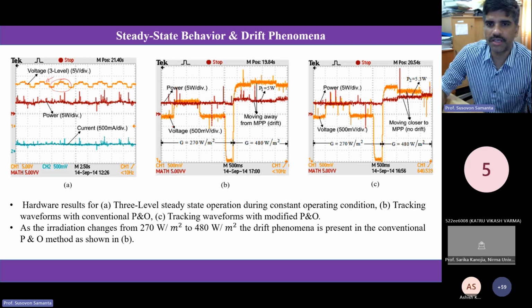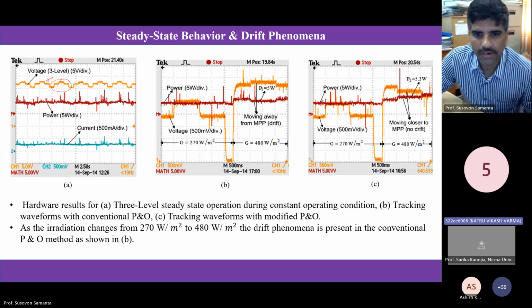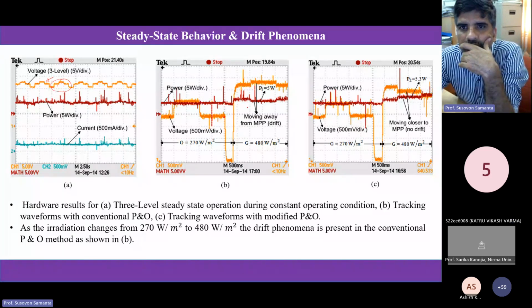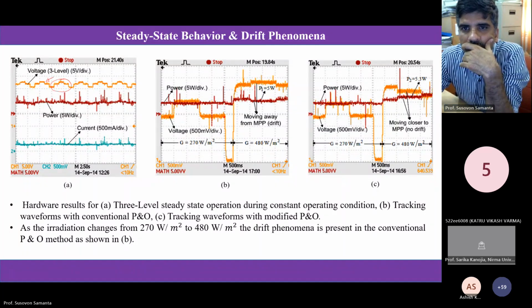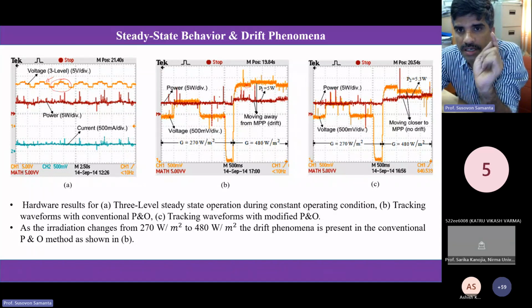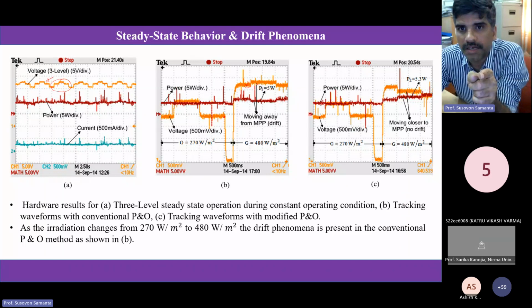Whenever there is a change in irradiation, it will take the decision at this point. So if I don't do any modification, what will it do at the first instant when there is a change in irradiation? It will increase the panel voltage. See, this is the panel voltage. So it increases the panel voltage.